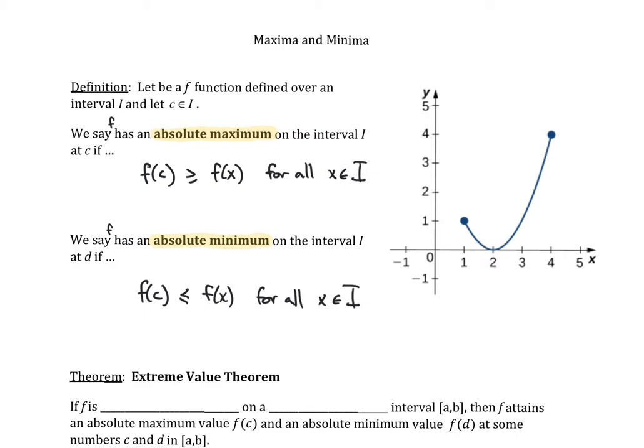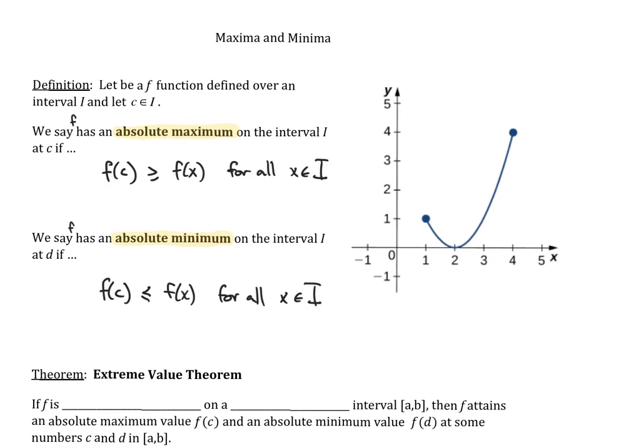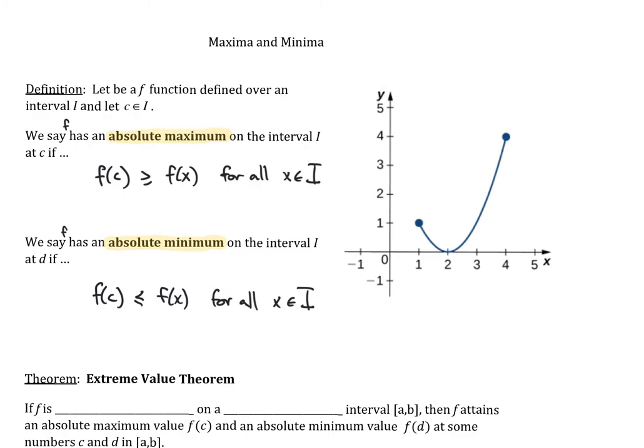So if we were to take a look at this picture on the right-hand side, the first thing I would say is that our interval I, in this case, is going to be equal to the closed interval from 1 to 4. And I hope we can see that we have an absolute maximum.